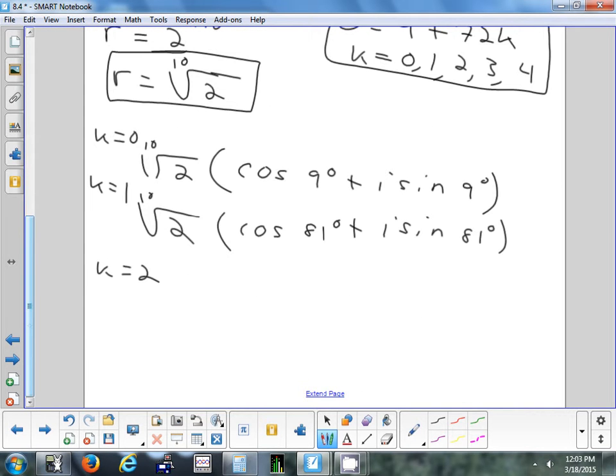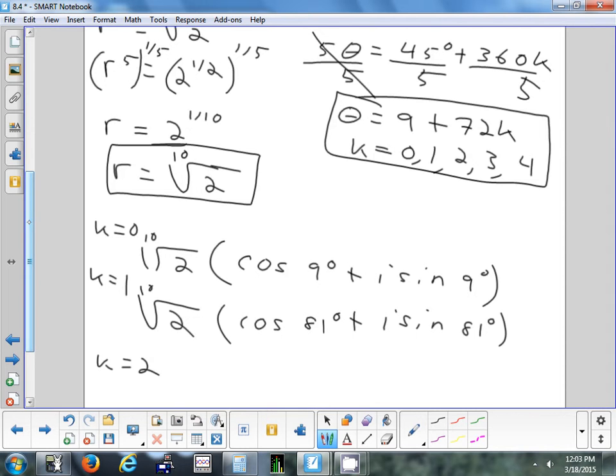And then you still have to do k equals 2, 3, 4. Okay, but that's how you find complex roots. Once you go through it, it's not too bad. It can take a while, but it's the same thing every time.